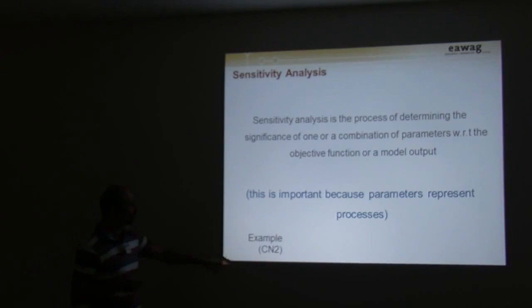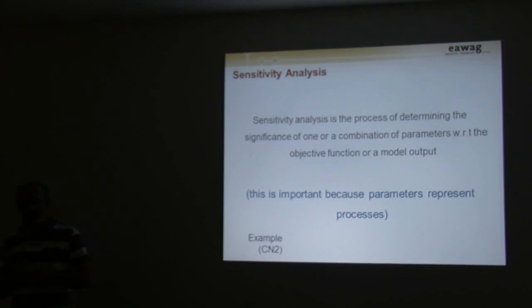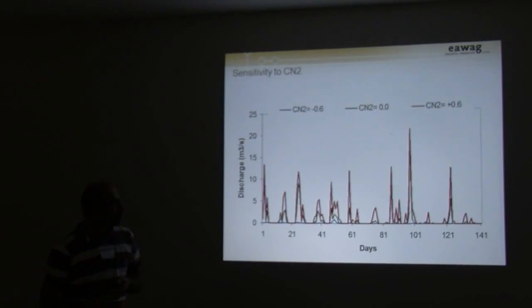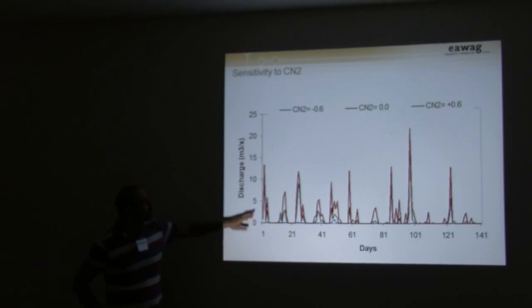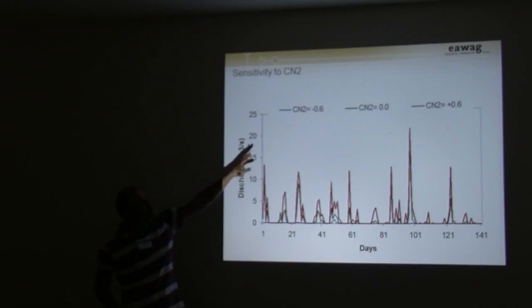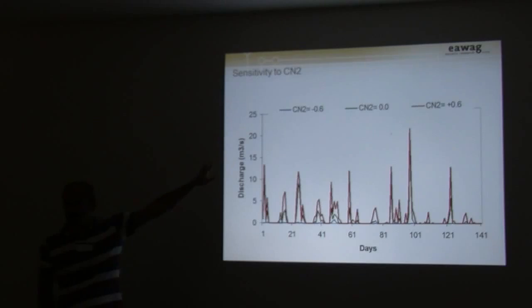And a good example of this is CN2. As you know, CN2 is a factor that partitions the rainfall into infiltration and runoff. That's a very important parameter. And if you do some sensitivity analysis and you change the value of CN2, you see such behavior. You see, as CN2 is minus 0.6, this is some kind of a relative factor, so it's a very small value.